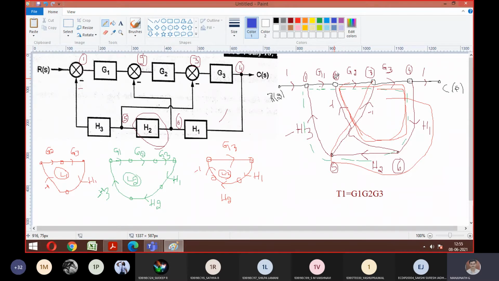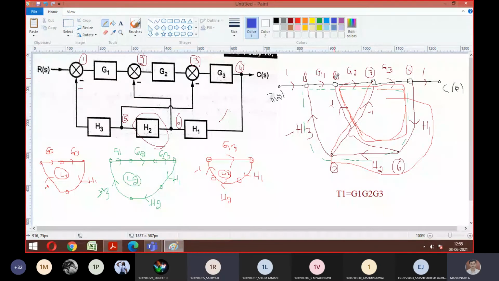So what is the next procedure to find the next thing in the gain? Delta. Good. So to find delta, we have a formula, guys. The formula says 1 minus the summation of all your individual loops plus the summation of all the two non-touching loops. So now tell me, do we have any non-touching loops here?